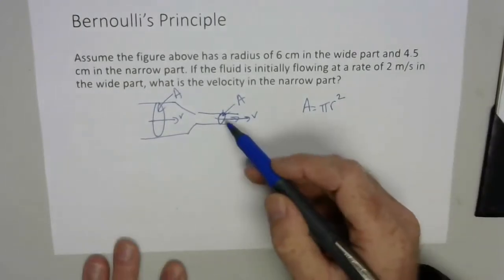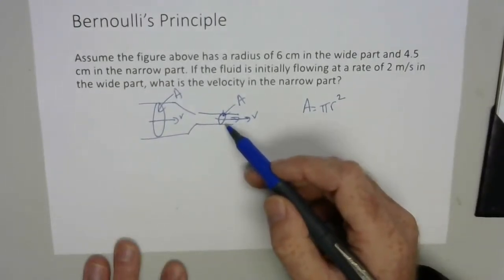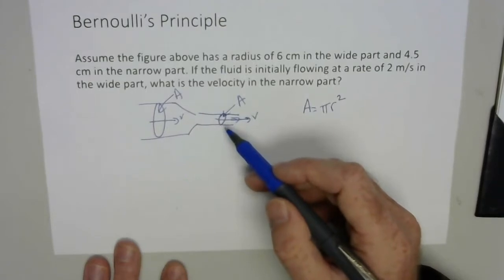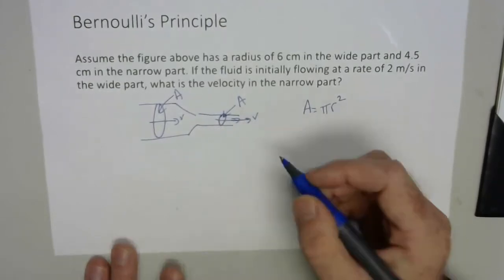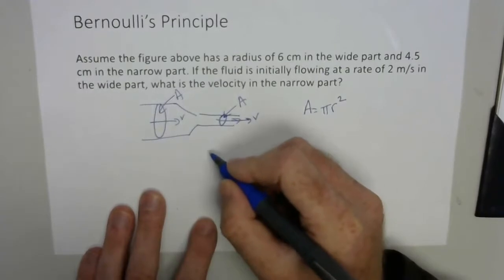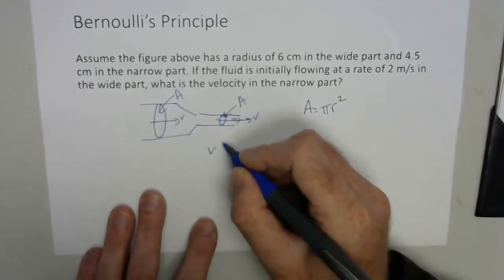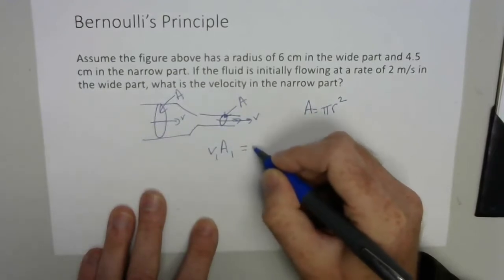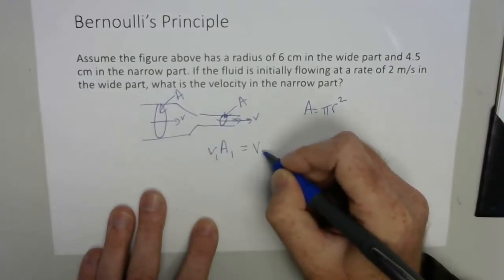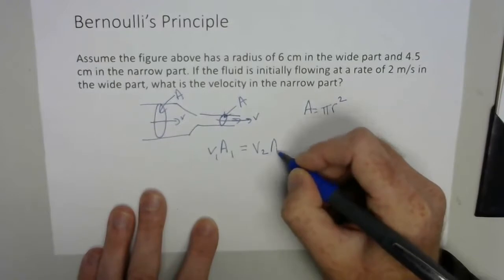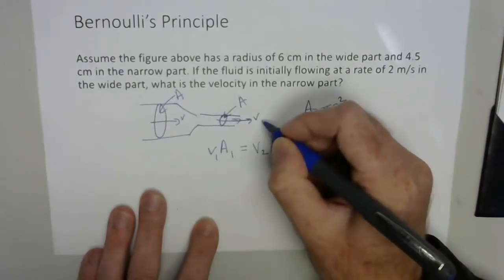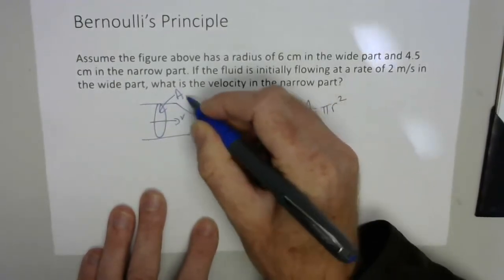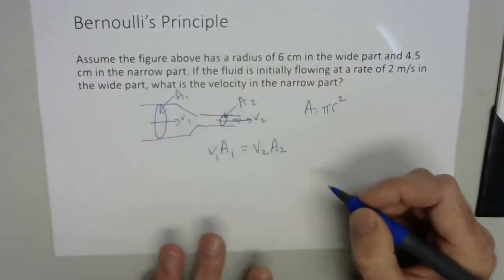If the area gets smaller, the velocity should get faster. So there is an inverse relationship between the two. So essentially we say linear velocity times area for the first section of the pipe equals linear velocity 2 times the area for the second cross section of the pipe. We'll make this 2, we'll make these 1.